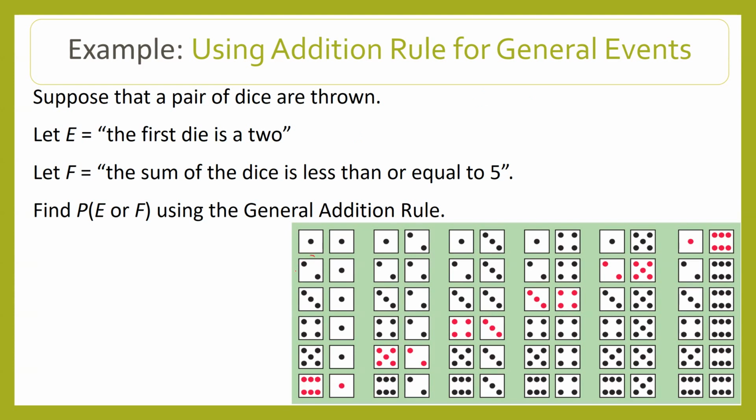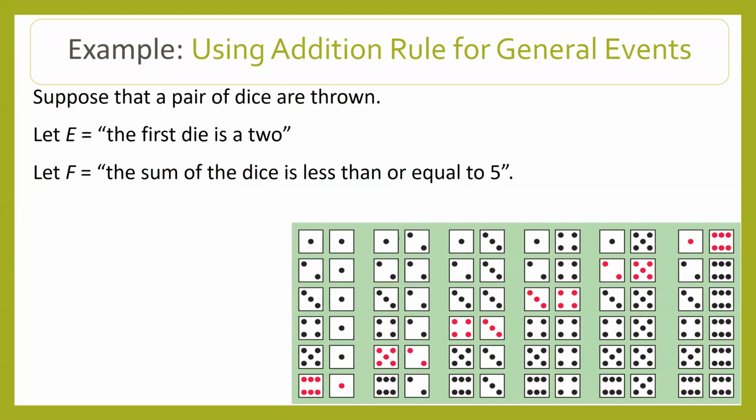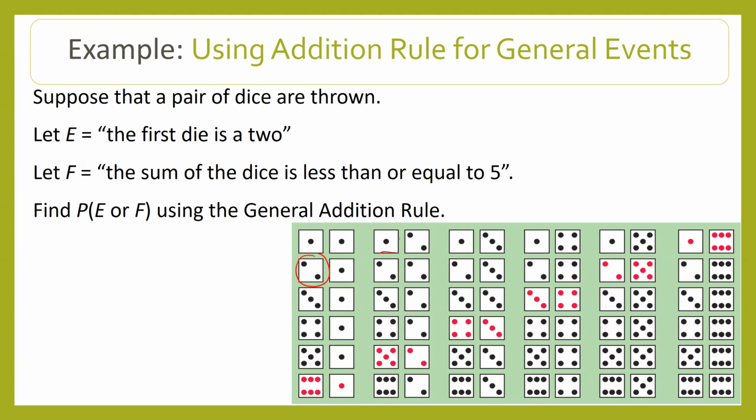So the first die here is a 2, and there are 6 possibilities. So the probability of event E will be 6 over the total number of outcomes, which is 36.